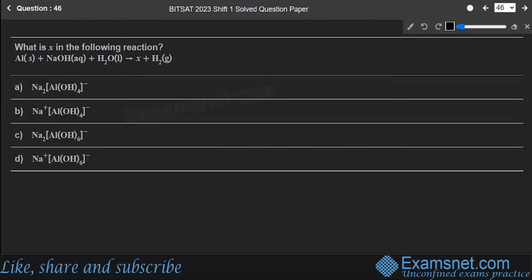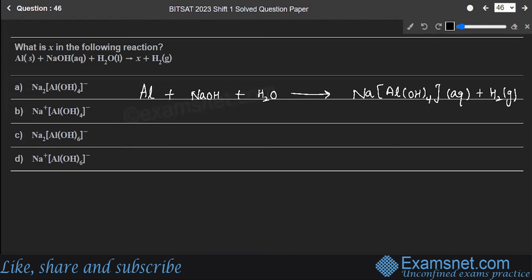What is X in the following reaction? Aluminium solid, sodium hydroxide aqueous, water liquid gives you X plus hydrogen. So basically what you have to do is complete the reaction. Aluminium reacts with sodium hydroxide and water to give Na[Al(OH)4] in aqueous form plus hydrogen gas.